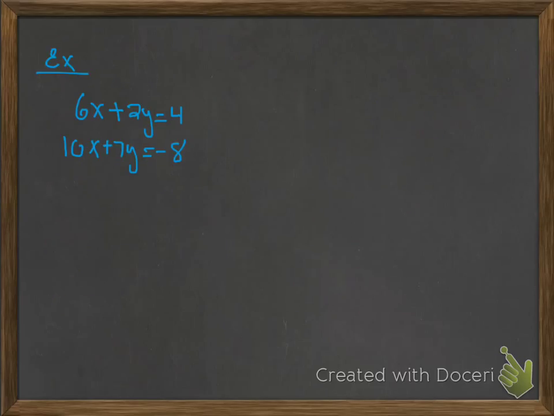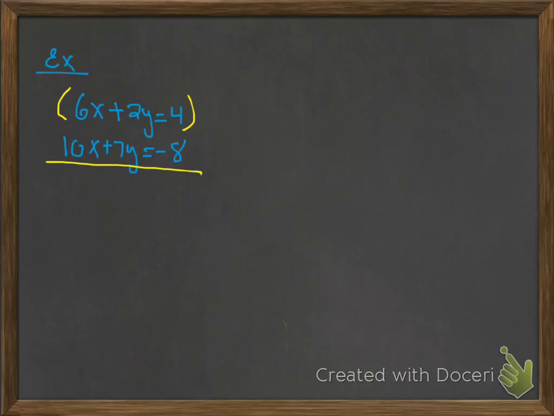All right, last one here. We're going to put this all together. So notice, we have 6x plus 2y is equal to 4, and 10x plus 7y is equal to negative 8. Now, if I multiply the top by anything, if I multiply 6 by anything, can I get 10? No. How about 2 by anything to get 7?